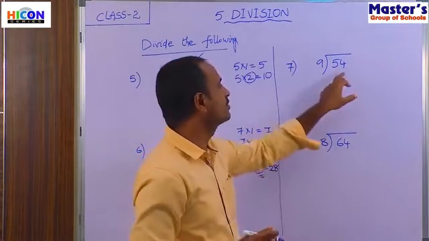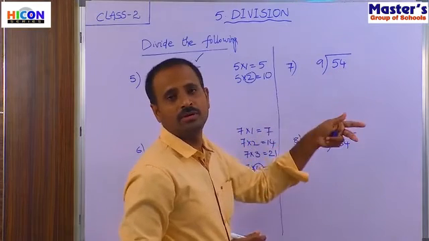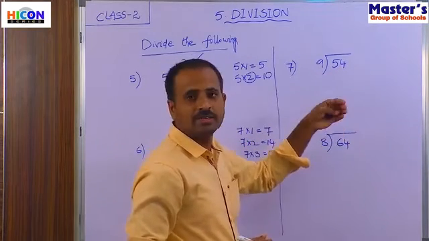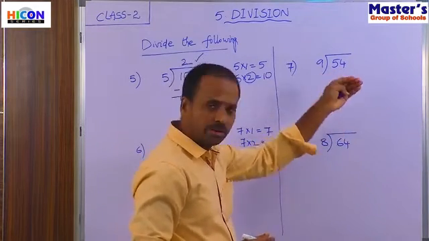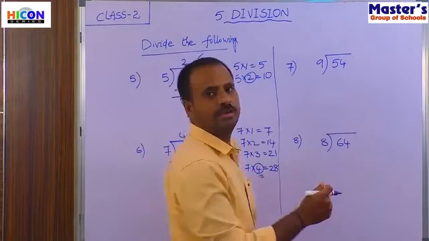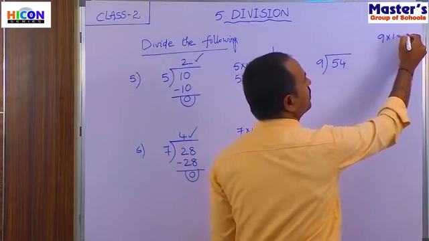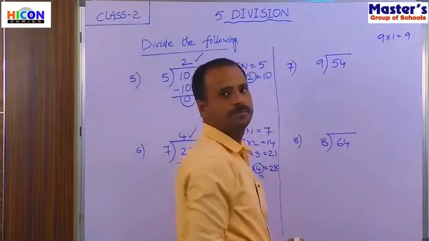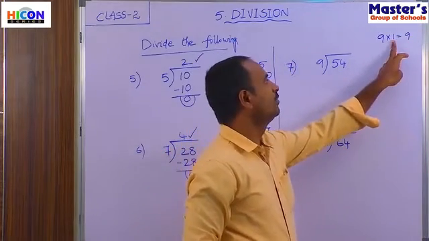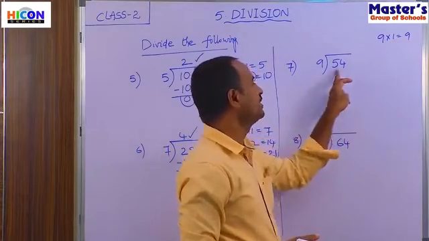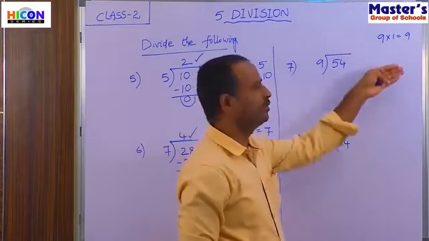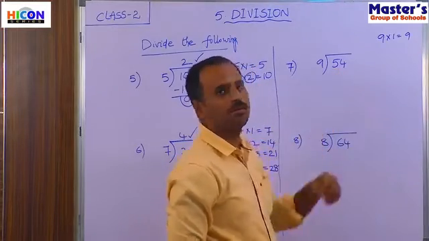Let us recall the 9th table. First take 1 time, that is 9 ones are 9. But here there is 54.